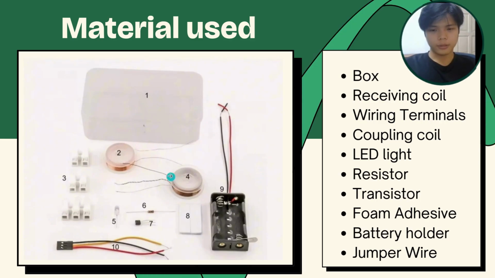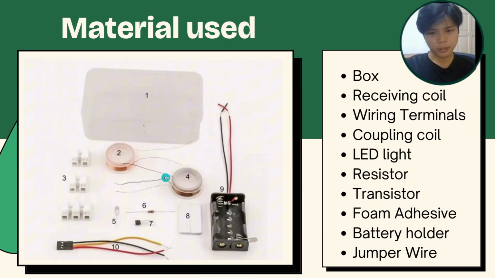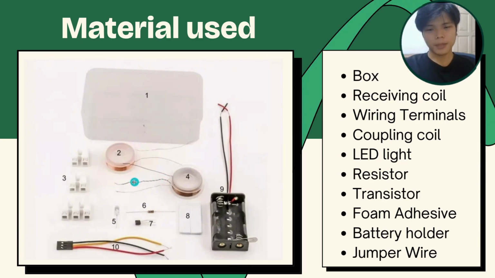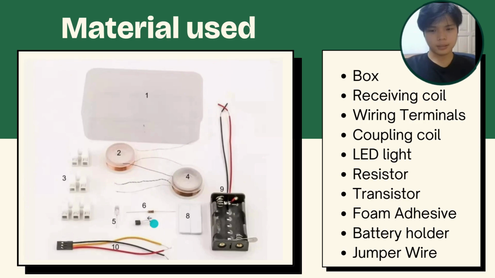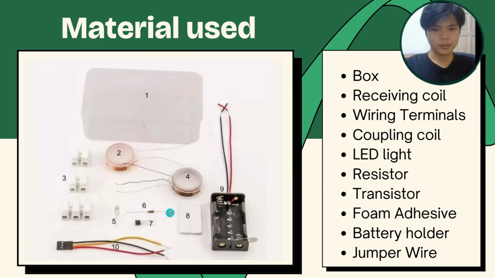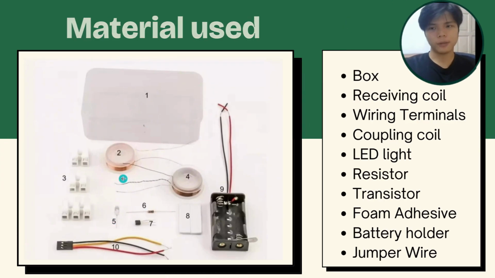The two terminals are the two ends of the copper coil, and the middle one comes from the middle point of the copper coil. And right here, we have a transistor to generate an AC source and a resistor to produce the base current, and also an LED to indicate the success of the experiment.